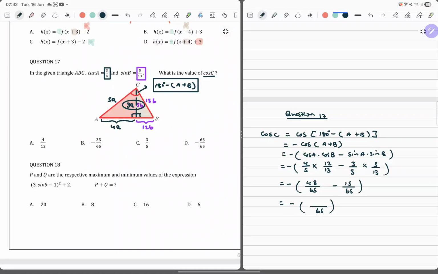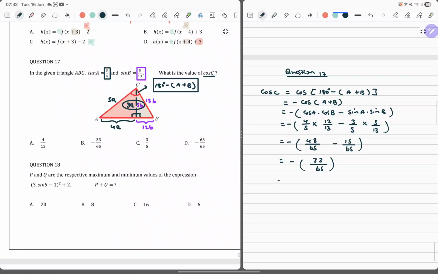We literally have to take 15 from 48, that's 33. So the answer is minus 33 over 65. So the answer is B.